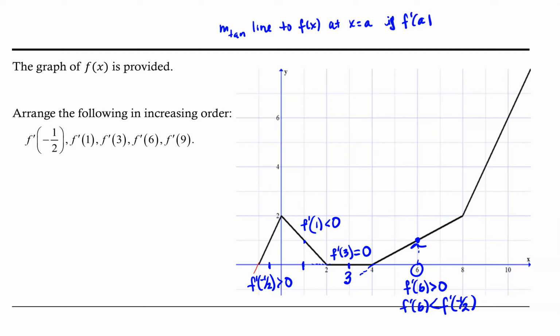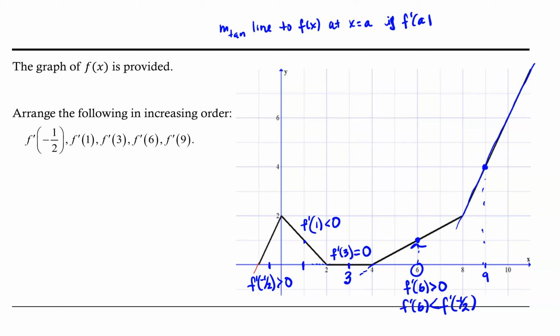And let's see, the last one we're to consider is f prime at 9. So here's 9. So looking up, we're considering the tangent line to the curve. Well, the tangent line to the curve in this instance would end up lying on top of the line. And that looks fairly steep.